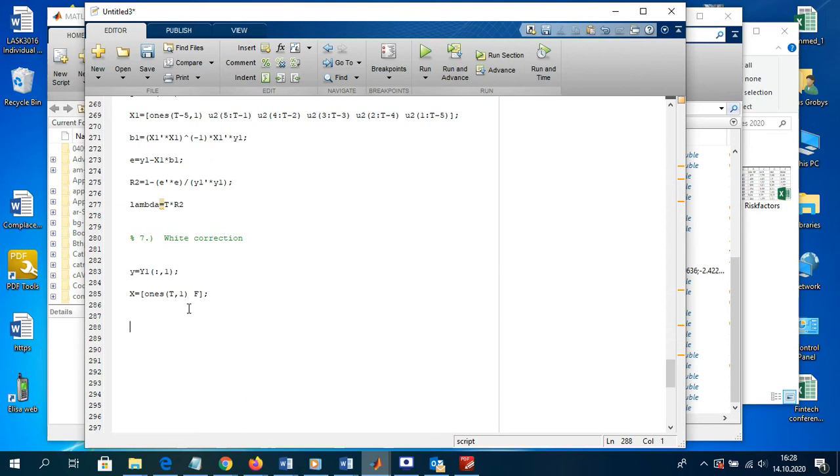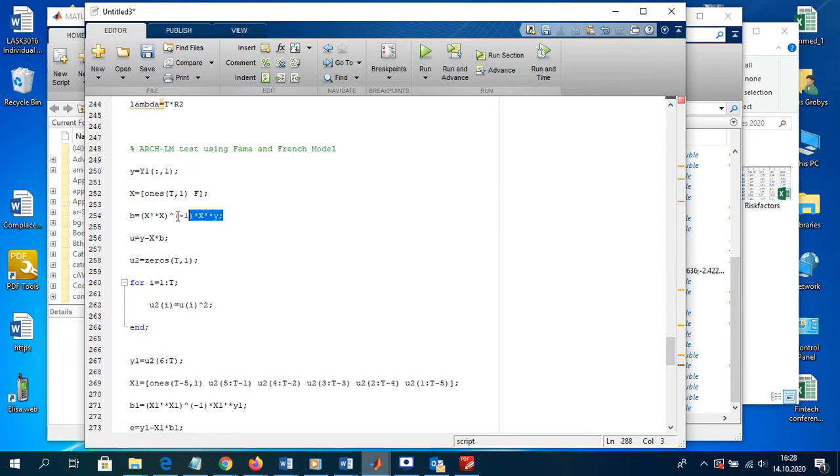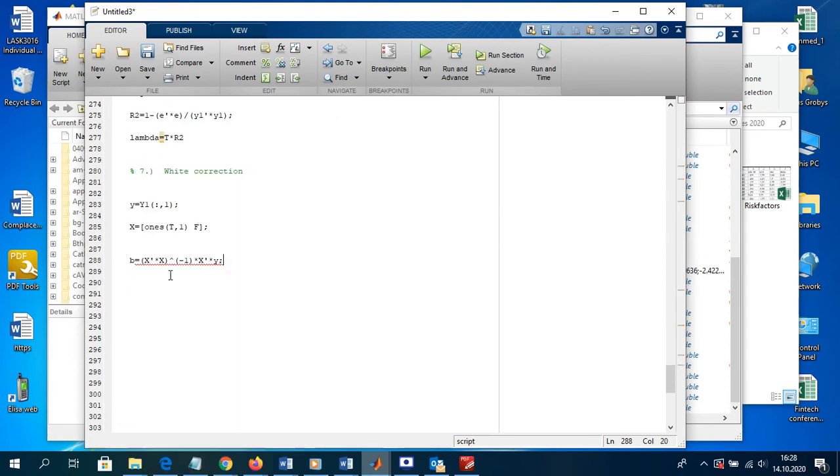So X is again a T by 4 matrix. Then our beta, the formula for the beta, does not change, so we can actually copy this from above. It's always the same formula, you see, it's very simple.